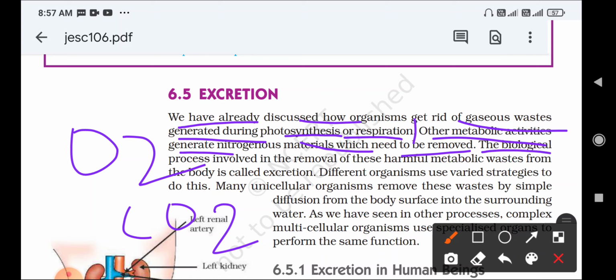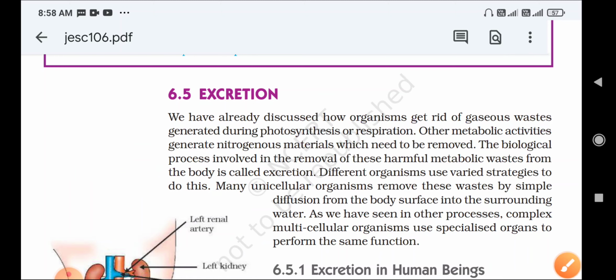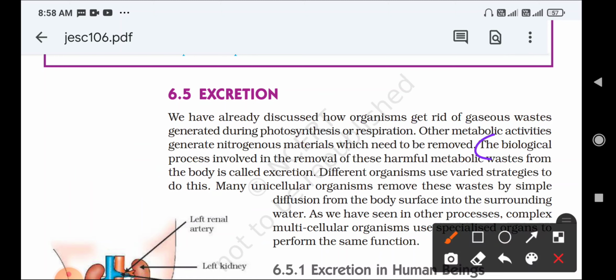The biological process involved in the removal of these harmful metabolic wastes from the body is called excretion.